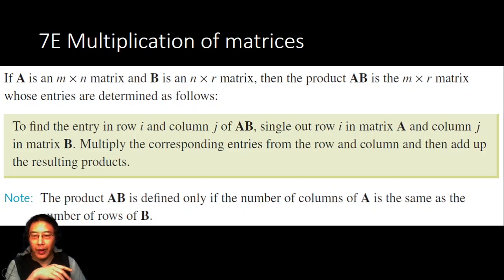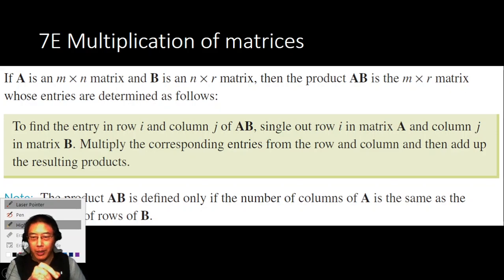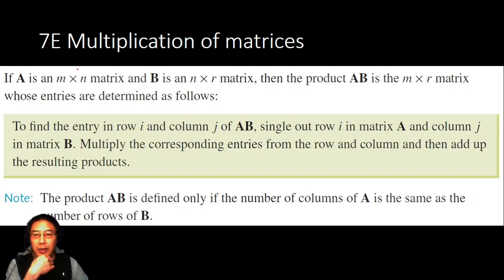What's important here is that n, from the first matrix, the number of columns has to match the number of rows of the second matrix.